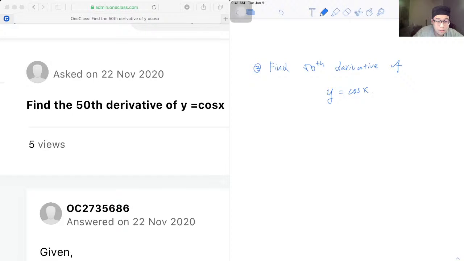We'll solve this question by calculating its first derivative.